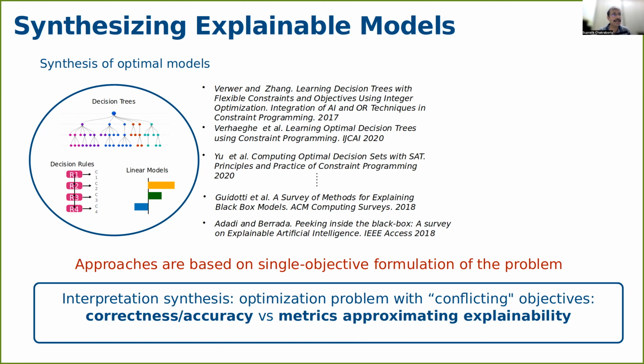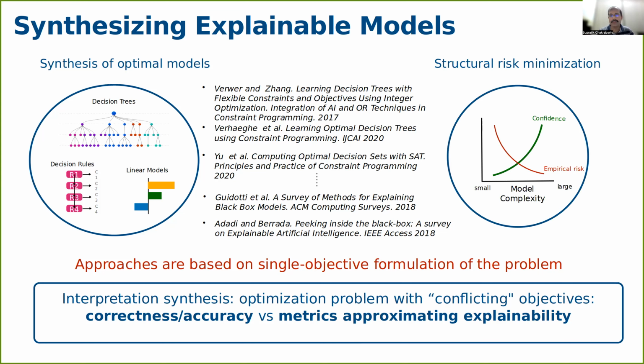Or it may have more cost in terms of how it can be used in some other applications. So really there are these two conflicting things. If you want something to be very accurate, you're probably coming closer and closer to the actual complex machine learning artifact. But that's exactly what we want to move away from. We want to come up with something which is easier to understand than the complex machine learning component.